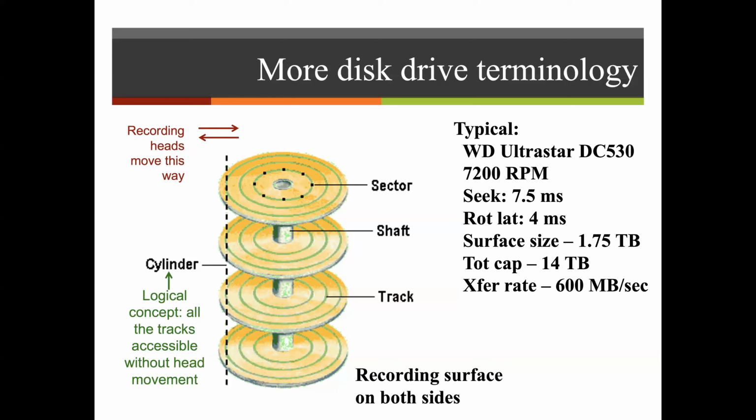And so a typical disk drive seek can be accomplished in 7.5 milliseconds, rotation in 4 milliseconds. The surface size is going to be 1.75 terabytes. The transfer rate, 600 megabytes per second.